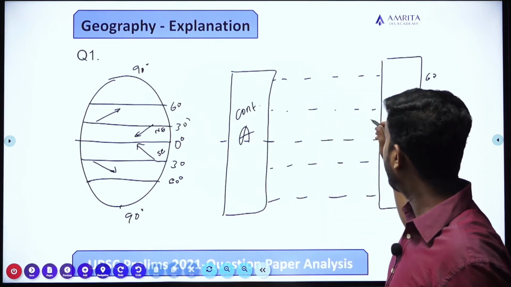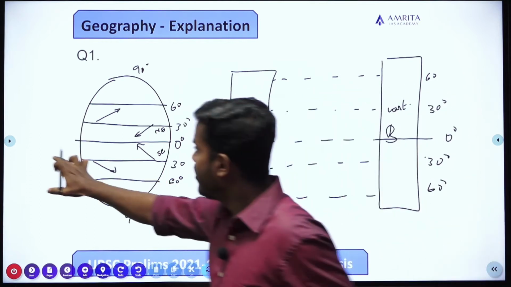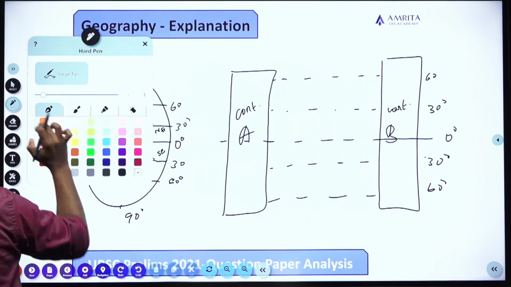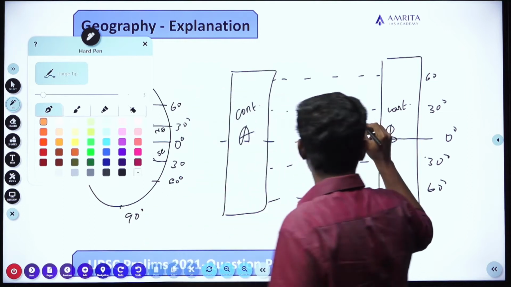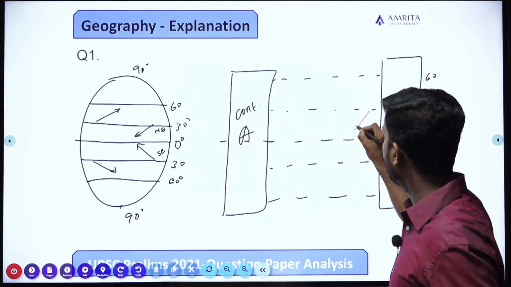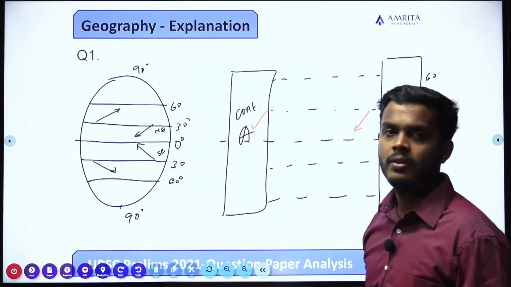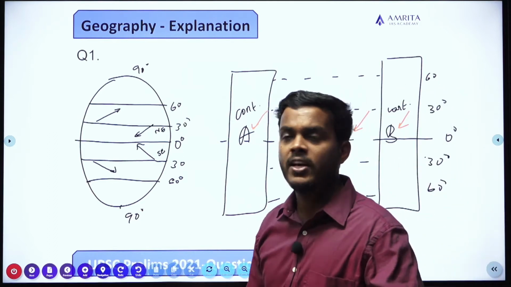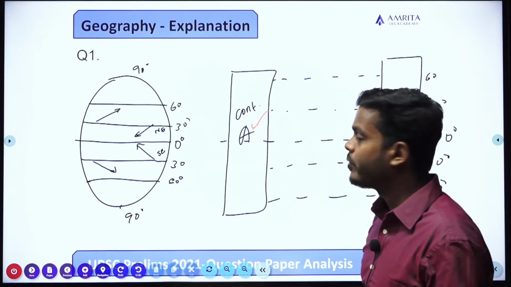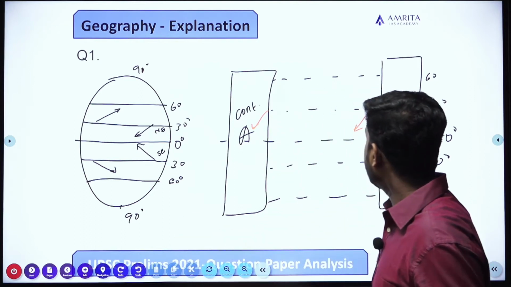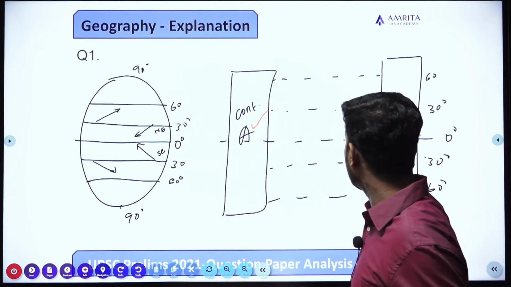Now what happens? We know that we have two trade winds in the northern and southern hemisphere. In the northern hemisphere we have trade winds, and trade winds pass through both oceans and continents. Now what happens when the trade wind passes over the surface of the ocean?